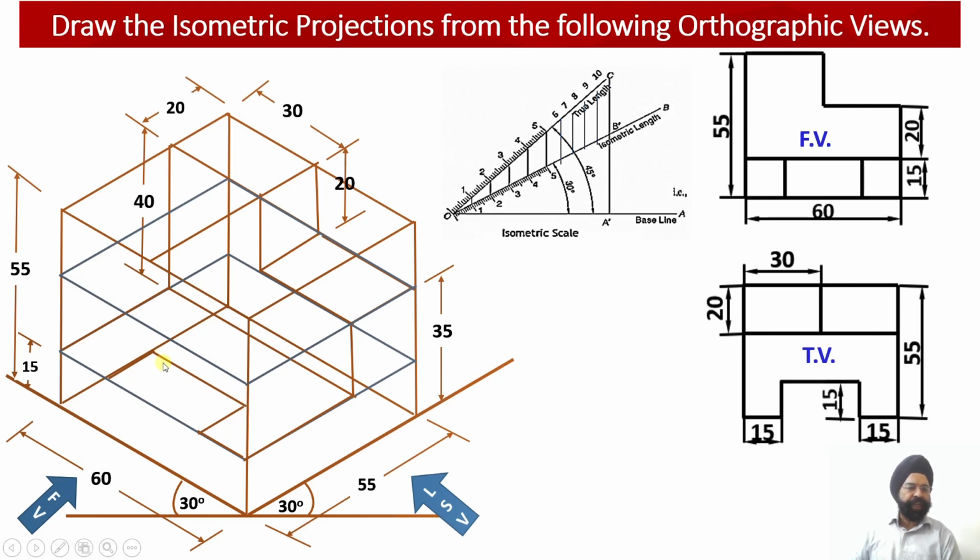Once I reach this point, I will be getting back to the front face, and this edge is again parallel to the z-axis, and the length of this edge will be 15 millimeter. So this is the completion of the rectangular slot.